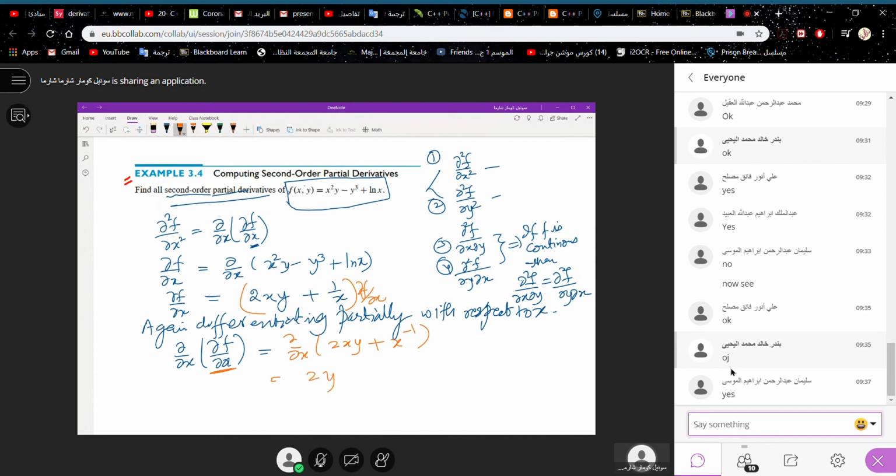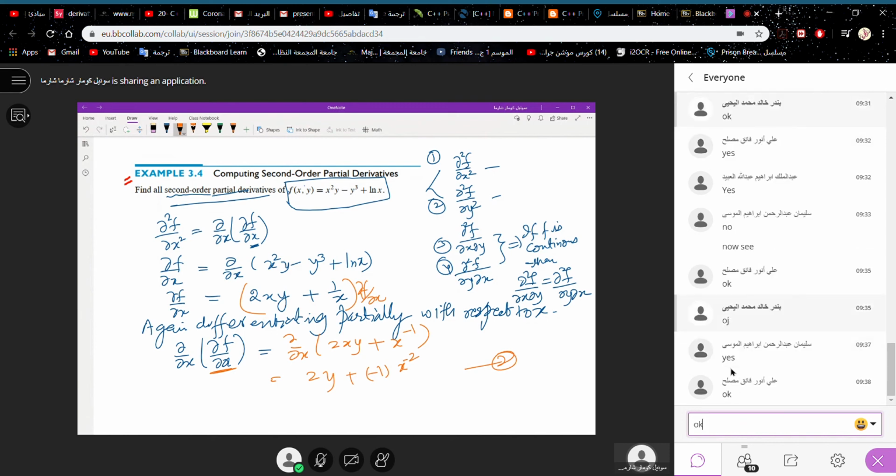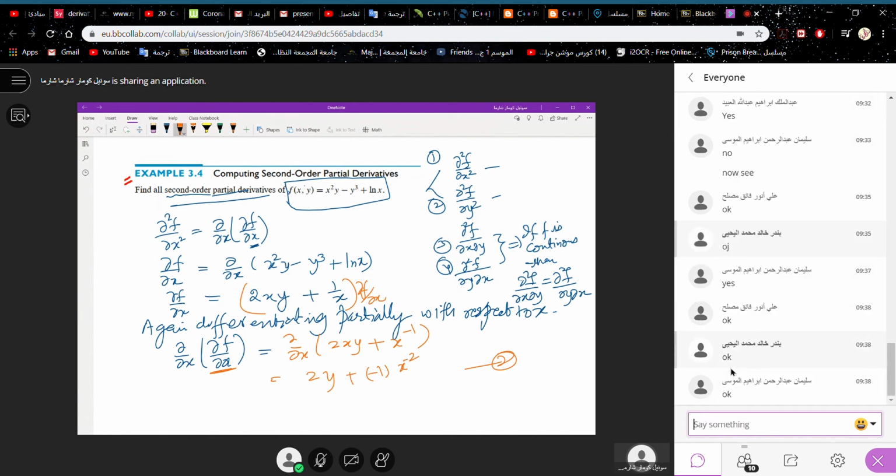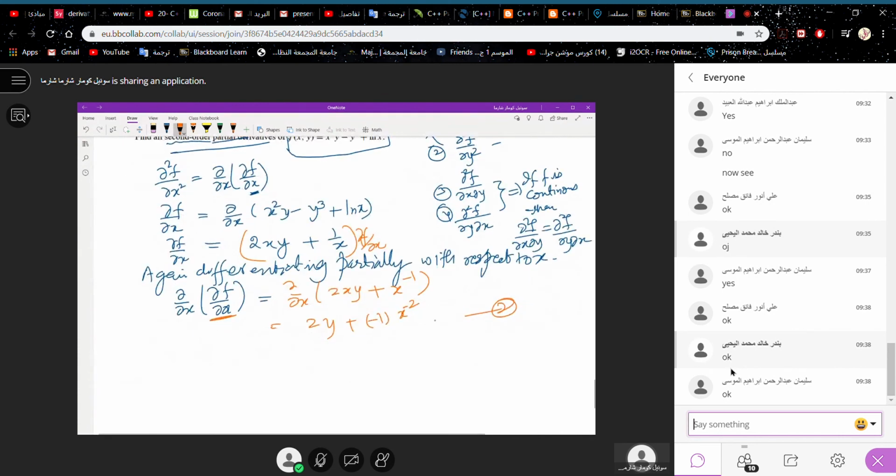So this is 2y plus minus 1 times x to the power minus 2. Okay? Fine or not fine? So del 2 f upon del x2 equals 2y minus 1 upon x square. This is your del 2 f upon del x2.